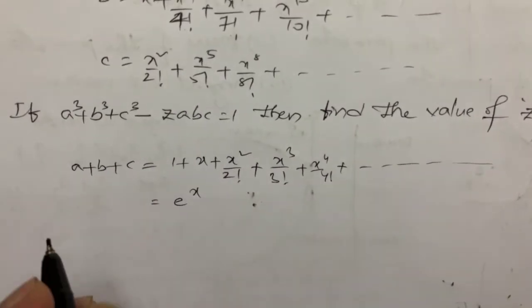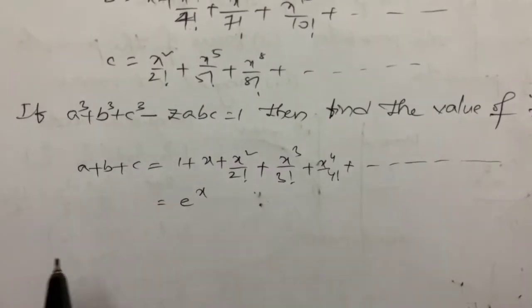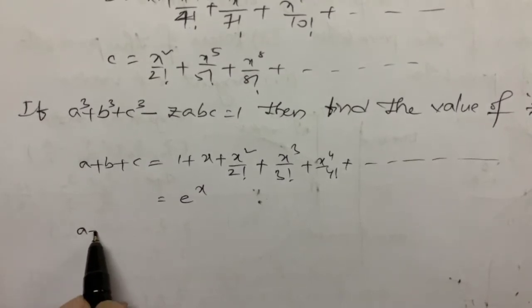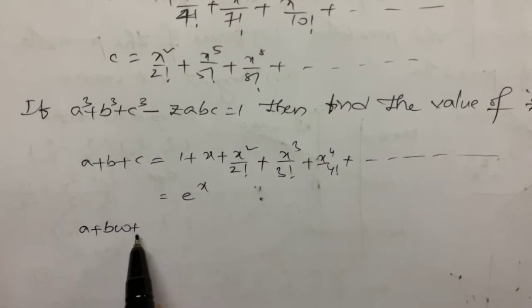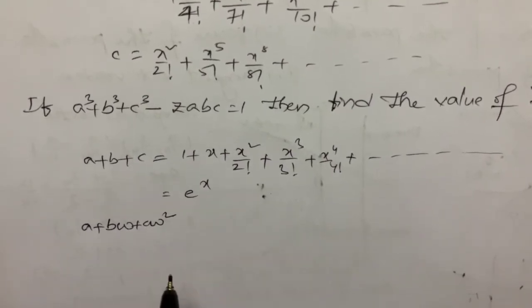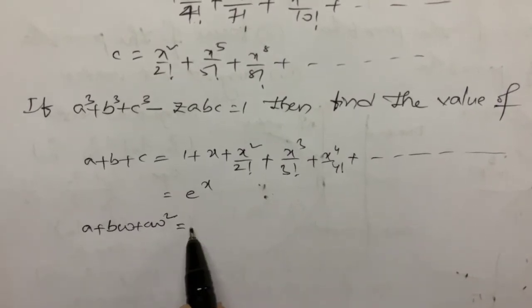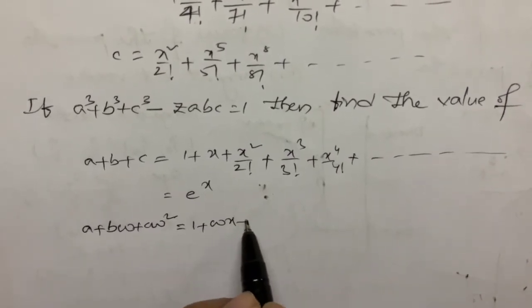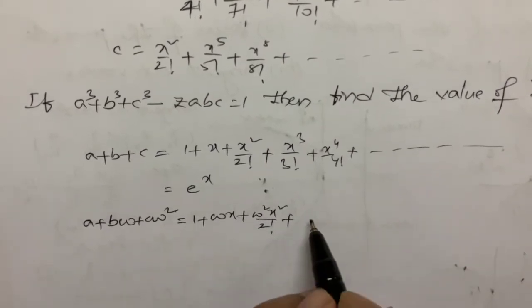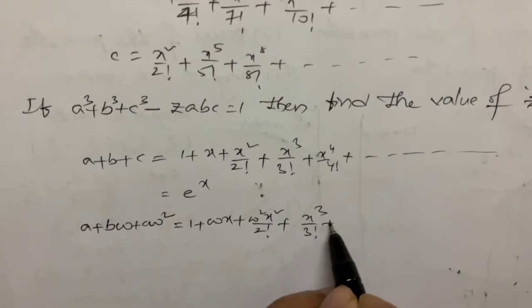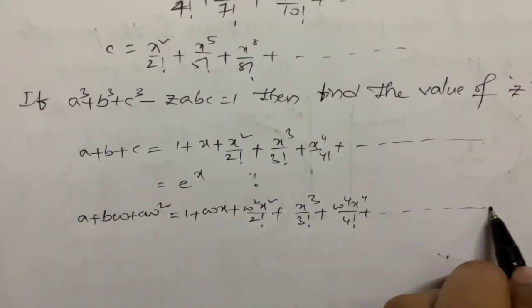Now if I see the second one, a plus b omega plus c omega square, it will be 1 plus omega x plus omega square x square by 2 factorial plus x cube by 3 factorial plus omega power 4 x power 4 by 4 factorial, and so on.